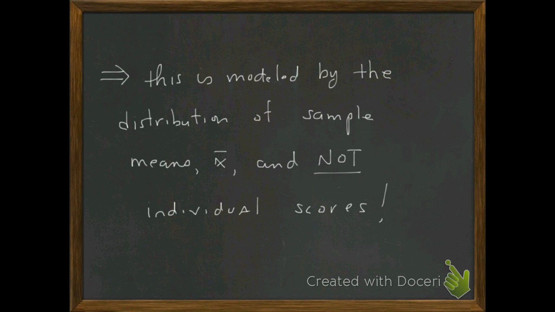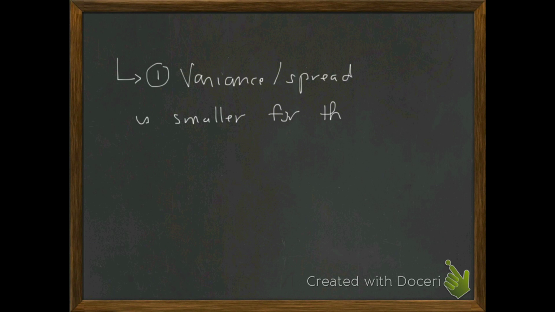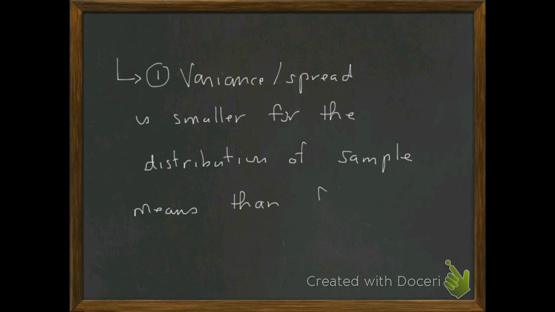Now, what this tells us is a couple of things. The variance or spread is smaller for the distribution of sample means than for individual scores.